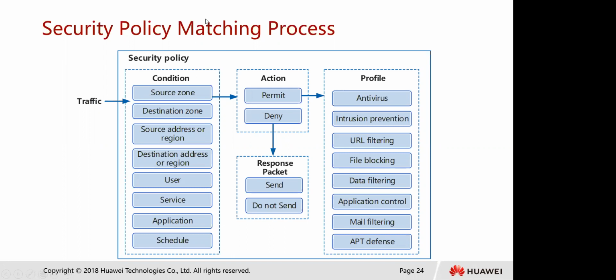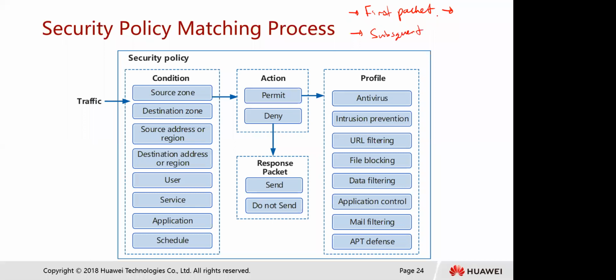What did we say? What happens with the security matching principle? What is the principle? Anyone to remember? We said if it's the first packet, what do we do? A session is created.